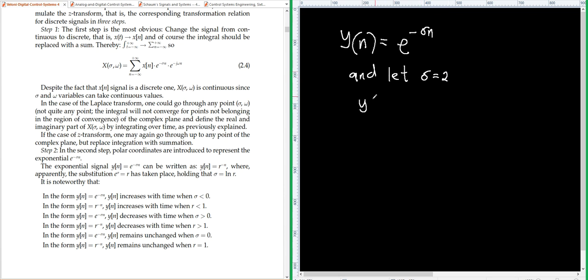That will become yn equal to e to the negative 2n. So in this case, lambda is greater than 0.